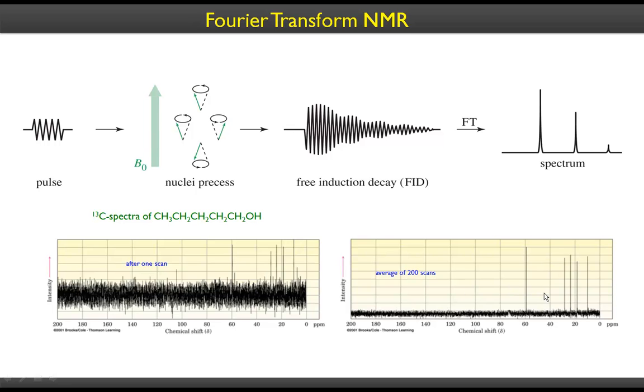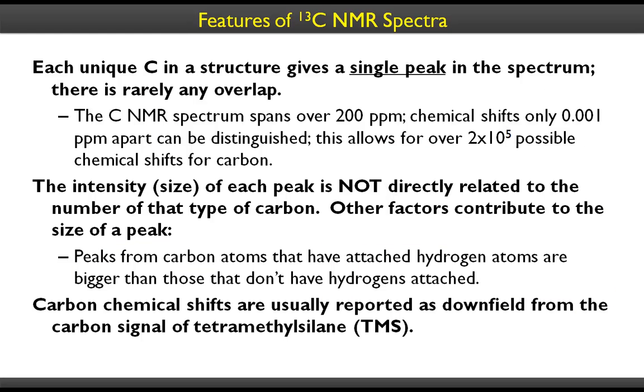If you let it go for a longer time, the signal to noise ratio improves and you get better signals, and the noise goes down, and that's again due to the low abundance of carbon-13 and the lower gyromagnetic ratio of carbon-13. If you understood these two terms and can compare the process of data collection to that of HNMR, we are set to go forward and start looking at some C13s and try to analyze them. Some of the features of C13 NMR are listed here.